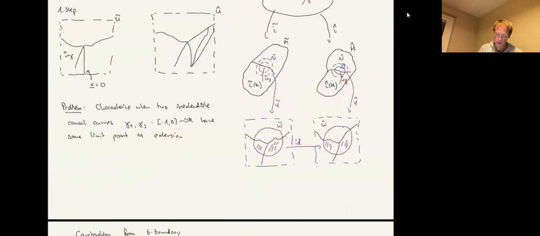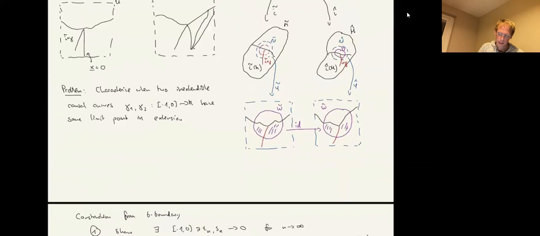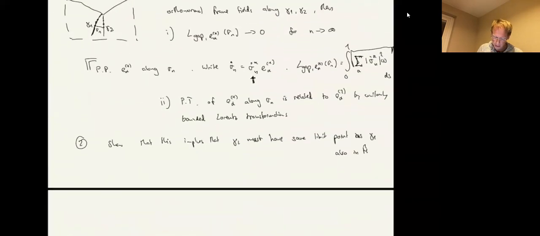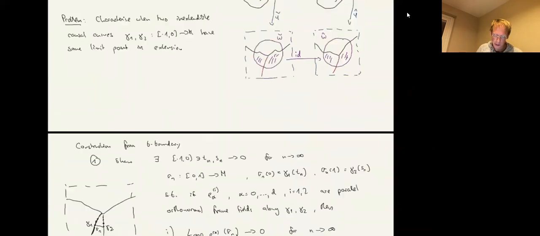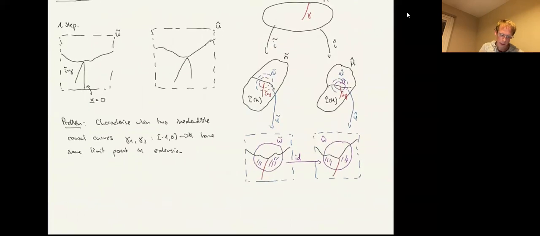Yeah, so this was the statement up here. So indeed I have this picture. And so this was the first step, in which I replaced the anchoring curve gamma by another anchoring curve, which is more suitable to me.